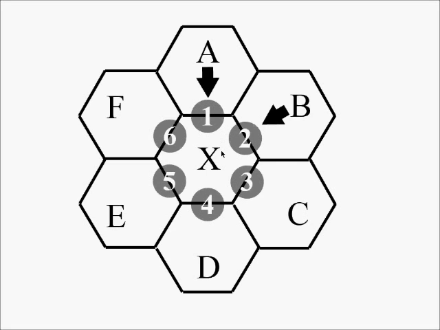The defender in hex X could choose to use the terrain in hex sides 1 or 2, as well as the terrain in hex sides 3 or 6, as these are hex sides adjacent to the ones that the attack is coming through.